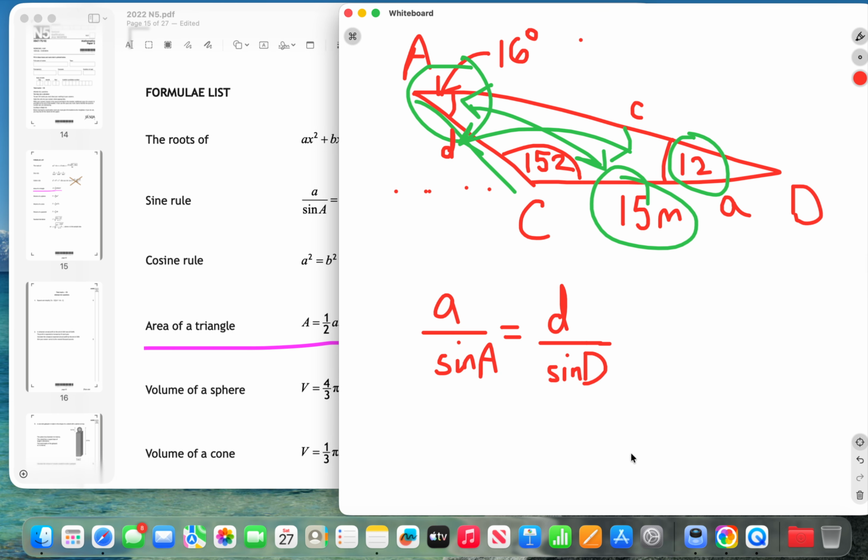Now small a is 15. Sine of a is the sine of 16. Small d is what we want to find out. And the sine of d is the sine of 12.